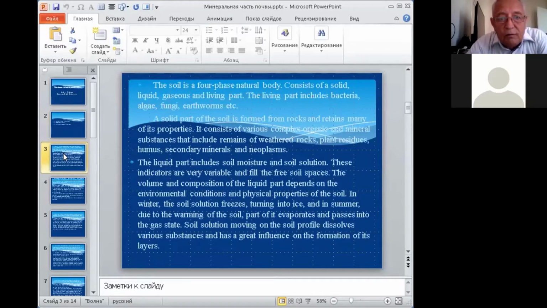The soil is a four-phase natural body. It consists of a solid, liquid, gaseous, and living part. The living part includes bacteria, algae, fungi, earthworms, etc. The solid part of the soil is formed from rocks and retains many of their properties.